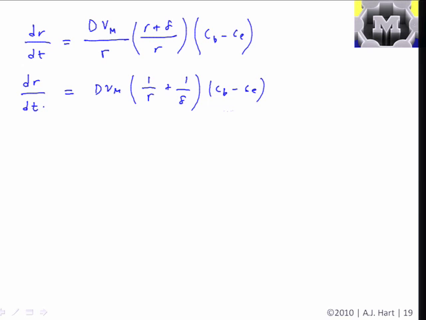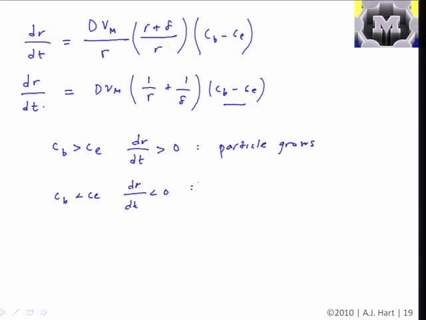So this tells us simply that if CB is greater than CE, or the bulk concentration is greater than the equilibrium concentration, then dr by dt is greater than 0, or the particle grows. And if the opposite is true, dr by dt is less than 0, and the particle shrinks.